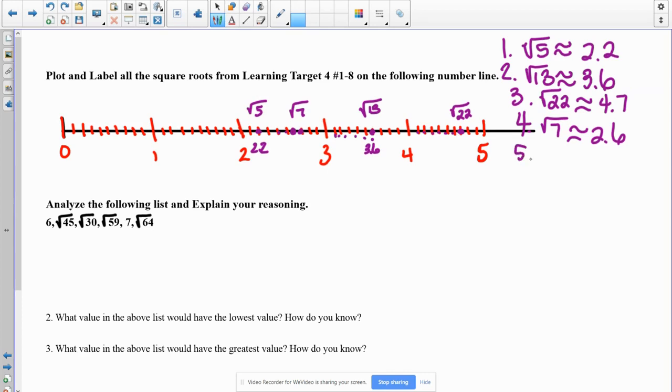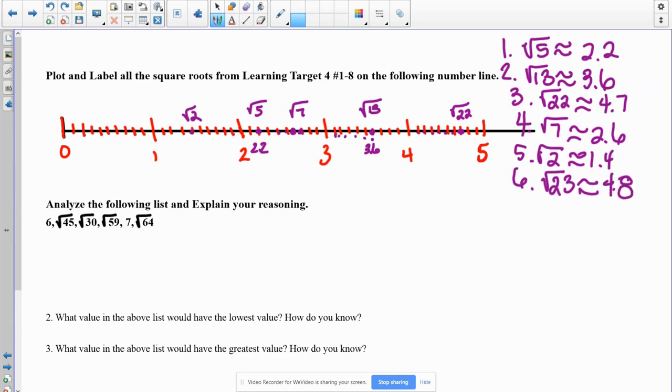Number 5 came from your practice. That was the square root of 2, which is approximately 1.4. We go to 1 this time and count 1.1, 1.2, 1.3, and 1.4. So that's the square root of 2. Number 6 was the square root of 23, which is approximately 4.8.